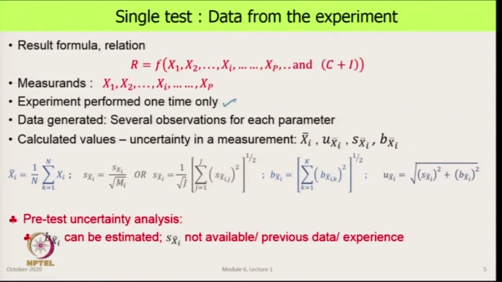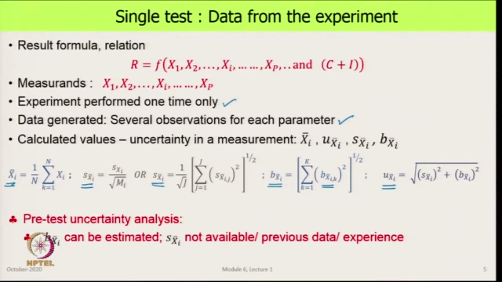The experiment we have done once, we got several observations for each parameter and we have these formula, the mean value of the result, the random standard uncertainty in the measurement, or we can use the elemental method of getting the random standard uncertainty and the systematic standard uncertainty in the result based on the elemental systematic standard uncertainties. And finally, we combine all of this and get this. All these formulas are now known to us.